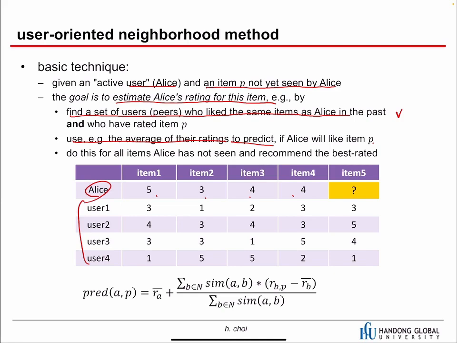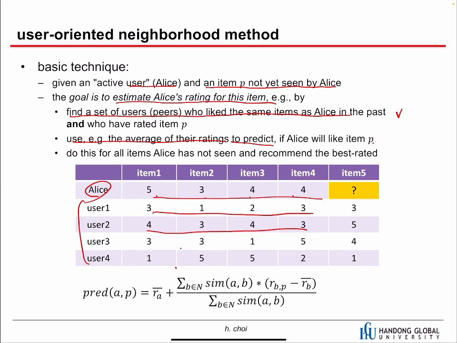We can check the similarity between Alice and the users based on these ratings. Just consider this as a vector: 5, 3, 4, 4. This one is quite similar, this one is slightly different from Alice, and this one is different, and this one is different, but we can calculate the similarity.